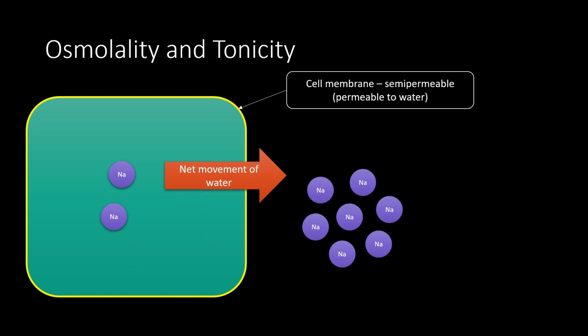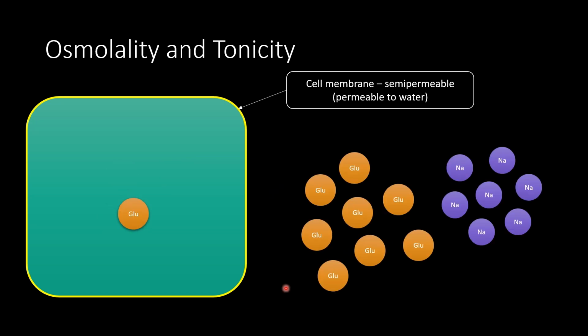Similarly, suppose the glucose concentration increases outside the cell, but the sodium concentration remains constant. The glucose concentration is higher on the outside than on the inside. So what will it cause? It will ultimately cause the net movement of water from the inside to the outside.